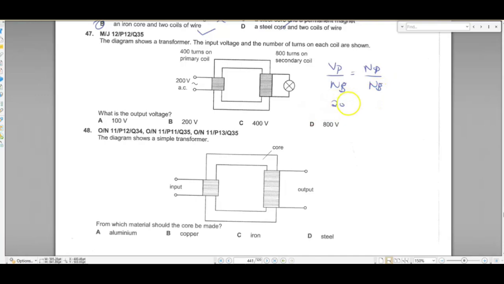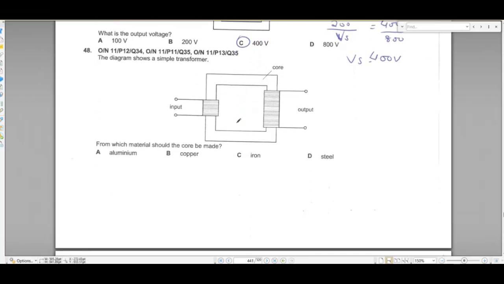So this is 200 over the voltage we need to find, and this is 400. So this is 800. So Vs, yeah, output voltage is going to be 400 volts. So C is the correct option.